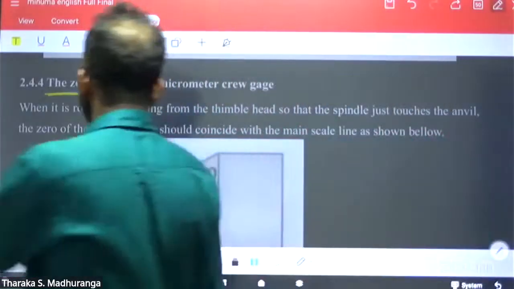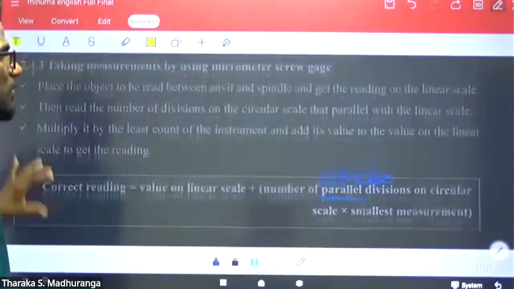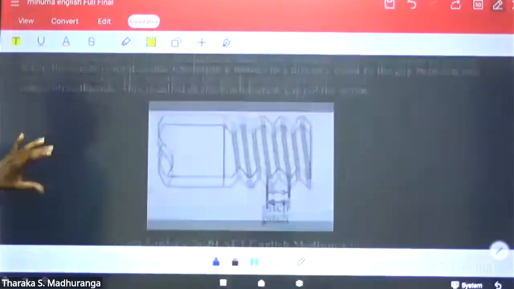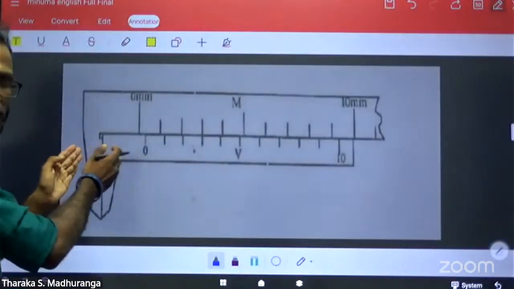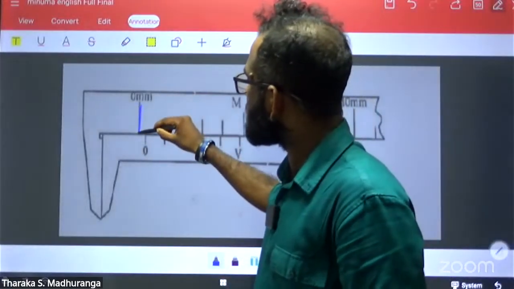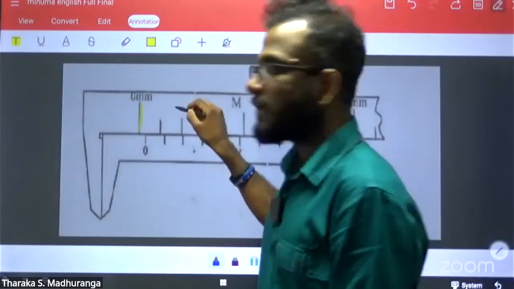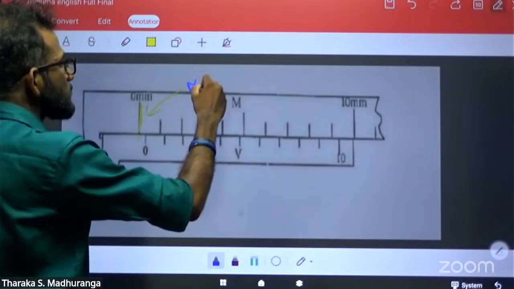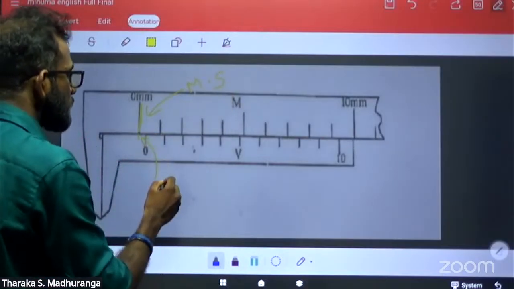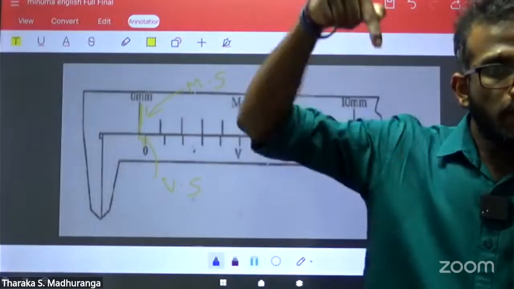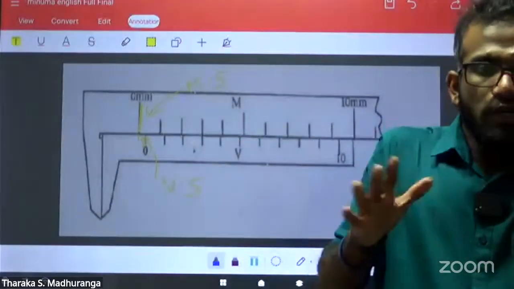In the vernier caliper, I told you, when the internal and external jaws coincide, that means touch each other, when the external jaws are touching each other without any object, if the main scale 0 and the vernier scale 0 coincide with each other when touching together, that means it doesn't have any error.